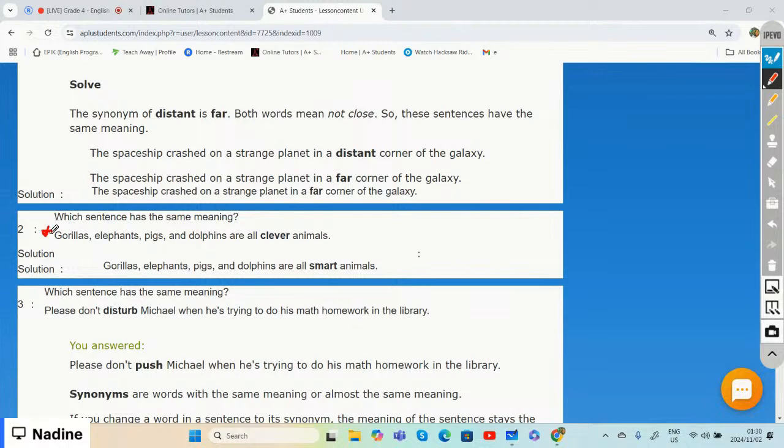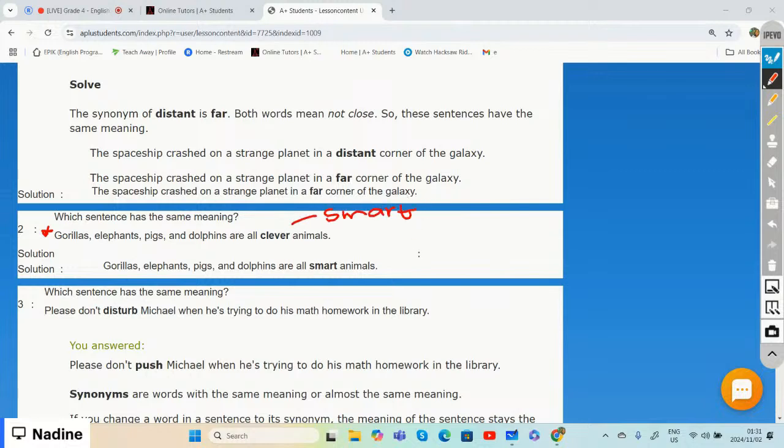Yes, and if we were to choose the correct word that's the same as clever, then we can say they are smart.